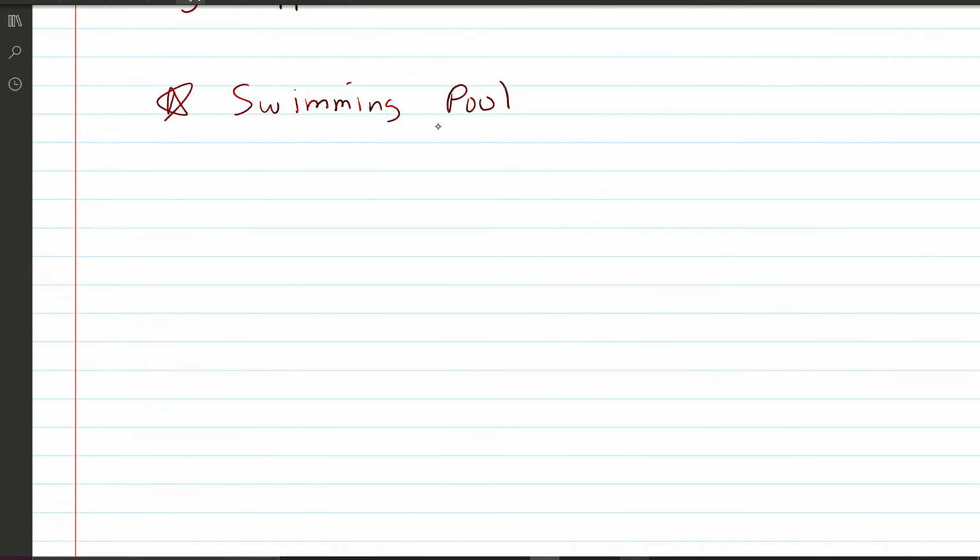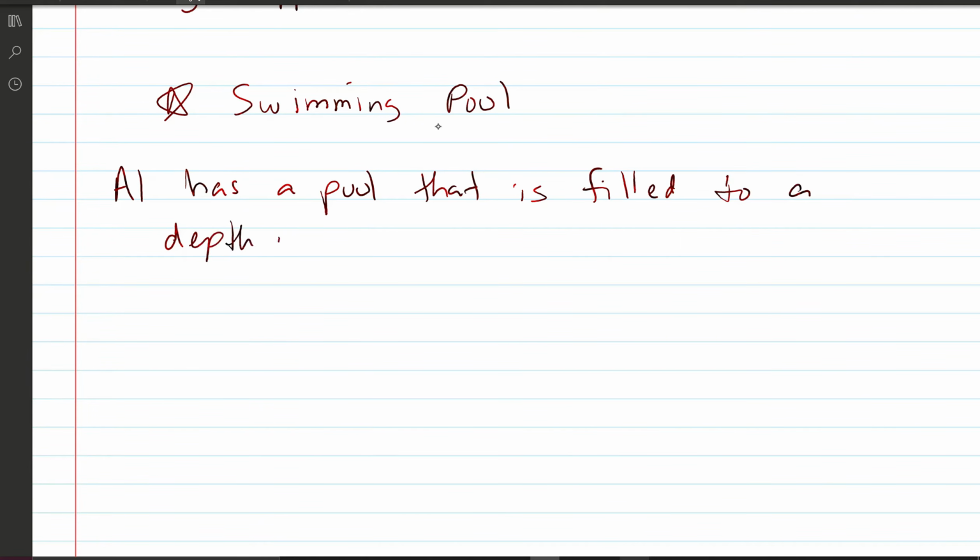Okay, so let's say this person, Al, has a pool and that pool is filled maybe to a certain depth. So we'll call it a depth of 80 centimeters of water.